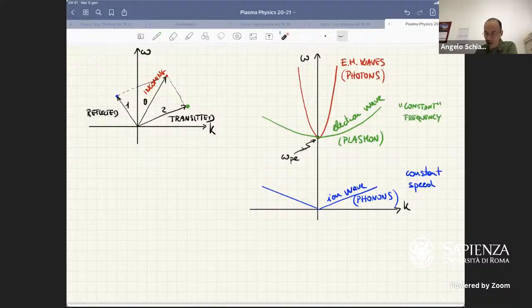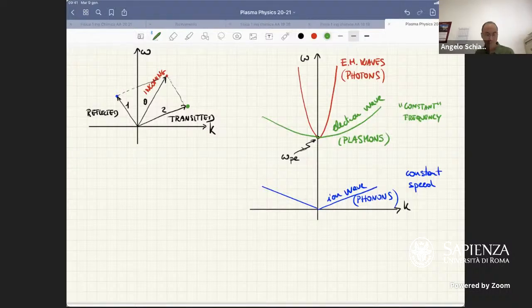So omega is of the order of omega plasma and is in this region. Instead, for the electromagnetic waves, both the speed and the frequency are changing quite a lot. So these are the three kinds of waves we are going to mix: photons, plasmons, and phonons. I forgot a plural here for the other two cases.